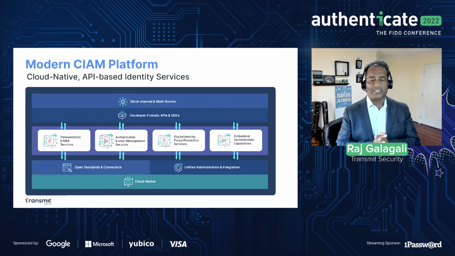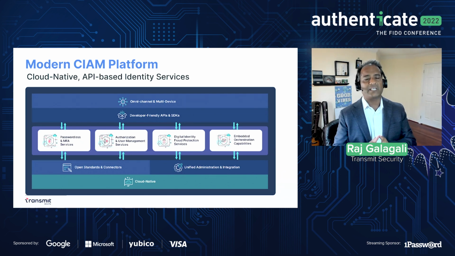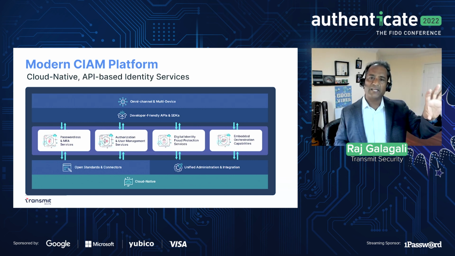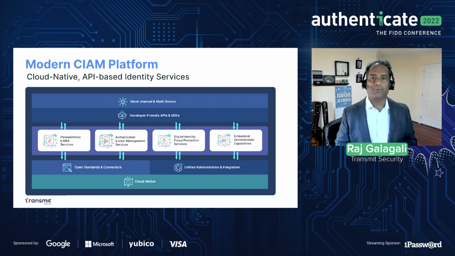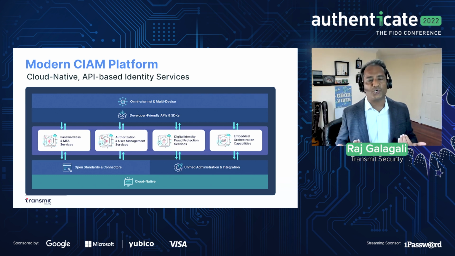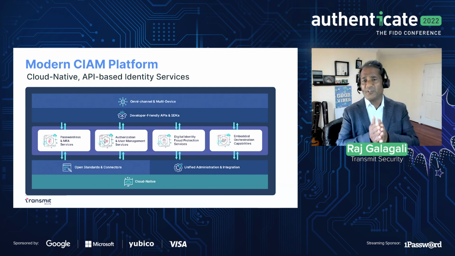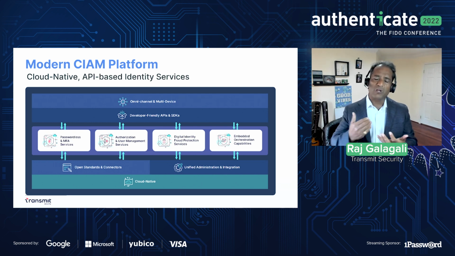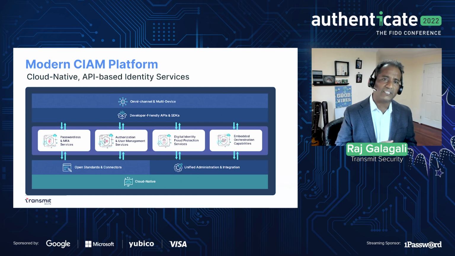For the technologies that are out there, I would simply say you need a platform, because I mentioned about Fido. I mentioned about underlying risk. I mentioned about being a very developer-friendly solution. I mentioned about making it scalable, being able to consume on demand. Or I would say if you're going to build it, great. Or if you're looking for someone to help you build it, I would say think of an architecture like this, where you want to make sure that you can integrate it using APIs. You can consume it through cloud.